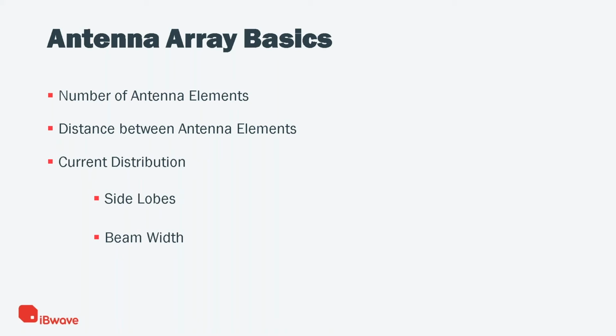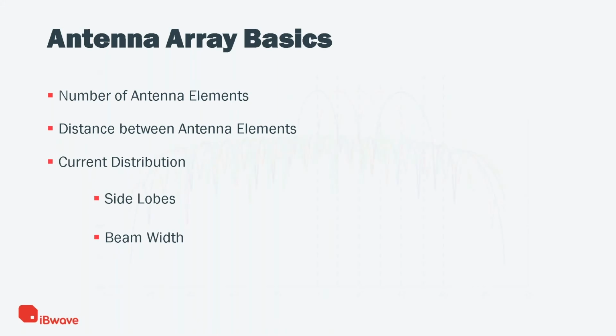And from antenna theory, it can be shown that these two are inversely related, which means that if you want to reduce the side lobes, it will increase the beam width. And if you want a narrow beam width, then the side lobes will be affected inversely.